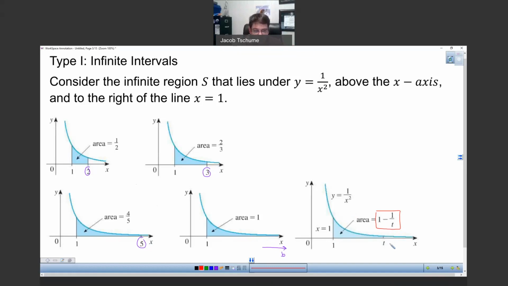And as you can see from here, if t approaches infinity, and you plug infinity into this, that is where this area of 1 comes from. Now, is it always necessary to write your expression in terms of t's?